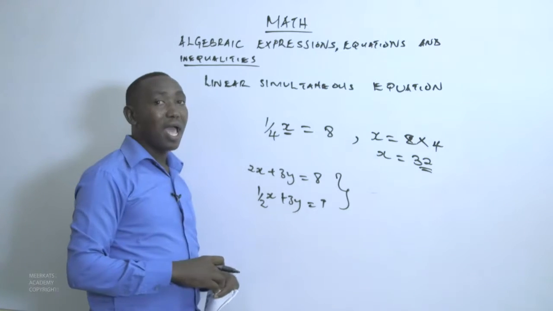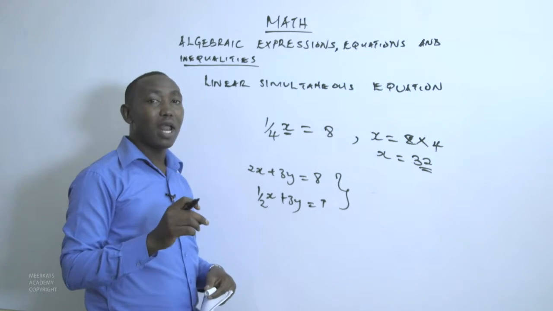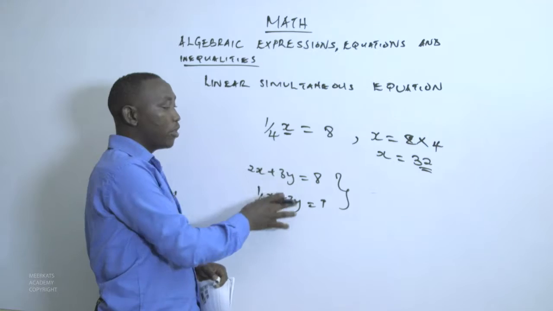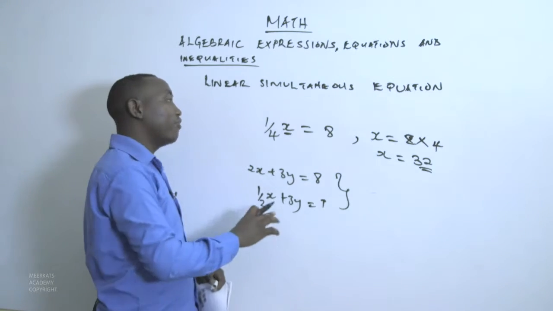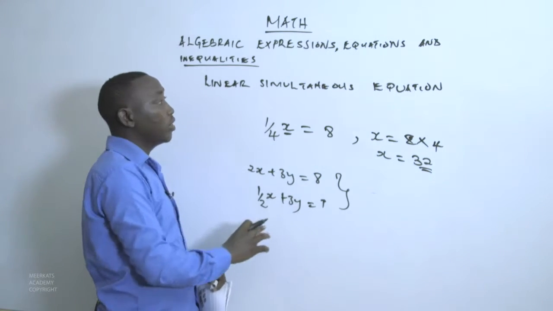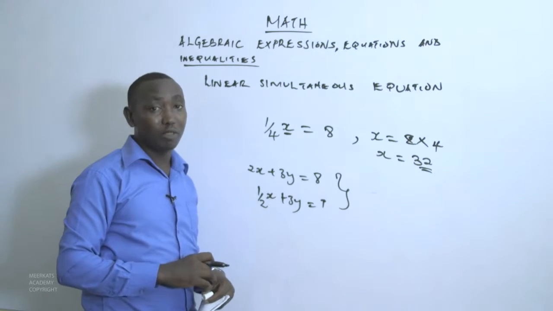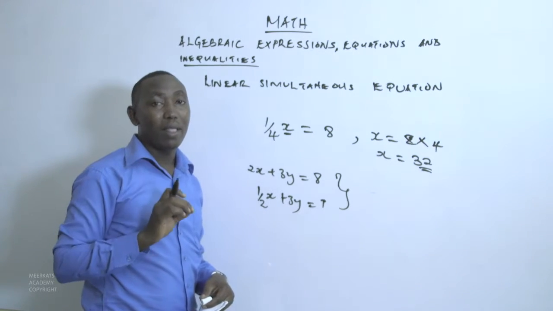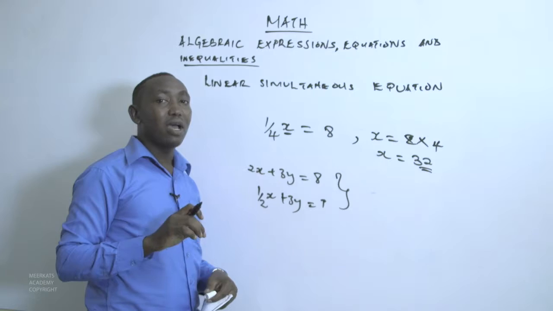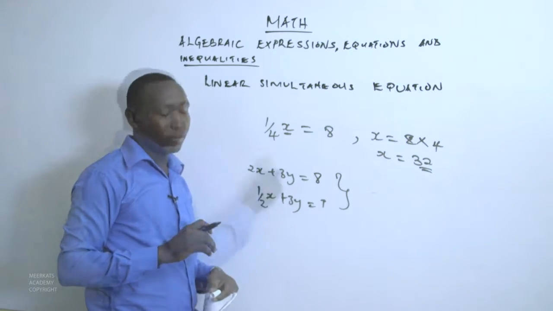When we get that unique or single answer that satisfies both these equations, we refer to these kinds of equations as being simultaneous, because they have the same solution.